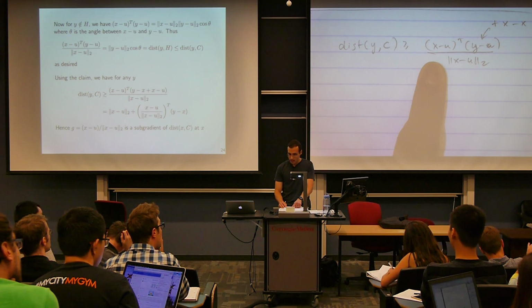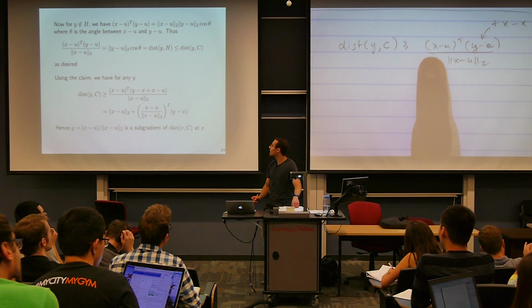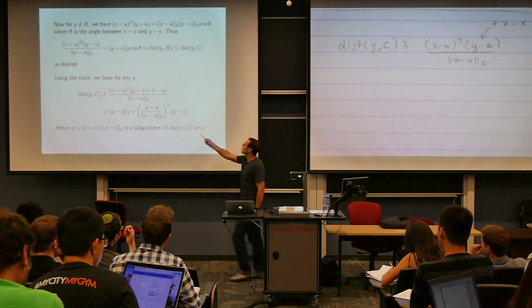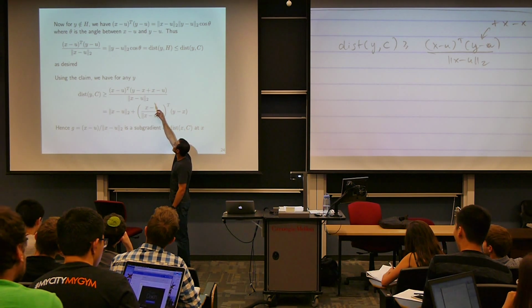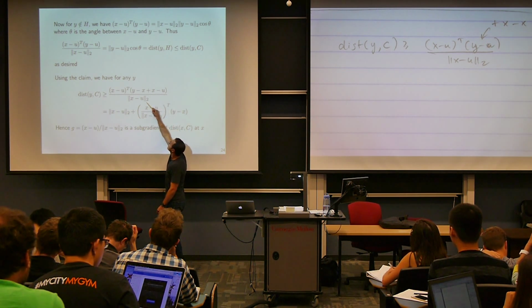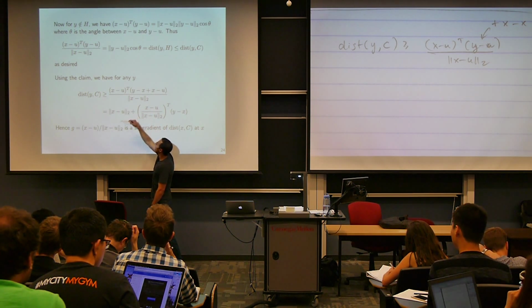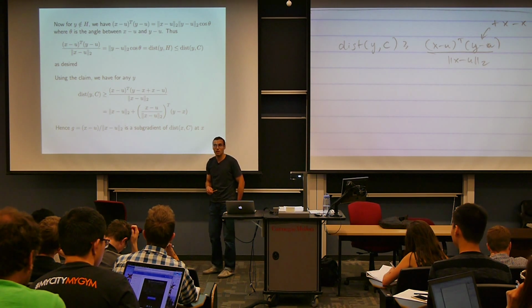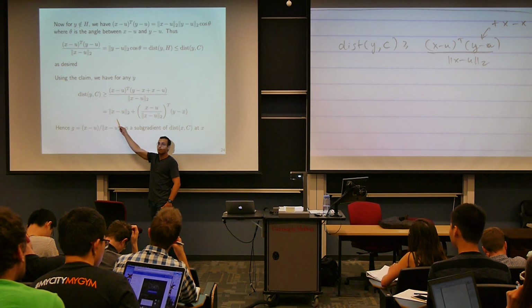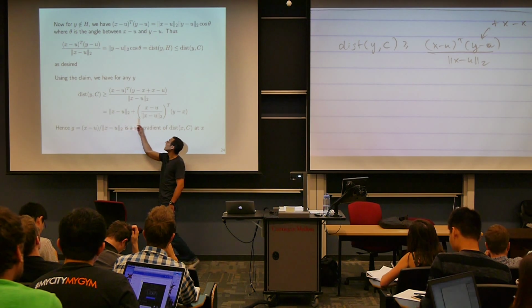That's all we're going to do. So if we add and subtract x in this expression, which I claimed came right from some very basic geometry, then you can see that the first term, I get exactly the norm of x minus u. Right? This guy, x minus u transpose itself over its norm, is just the norm of x minus u. But that's the distance between x and the set, right? Because u is the closest point to x.